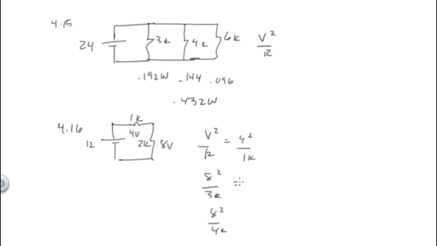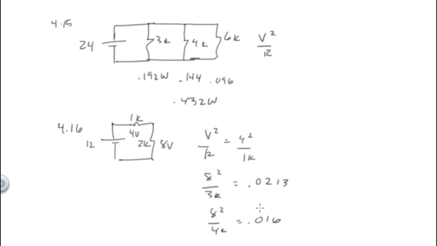So now let's do the 64 divided by 3,000, which is equal to 0.0213. The 8 squared divided by 4,000 is equal to 0.016.